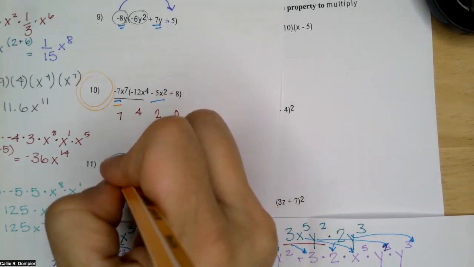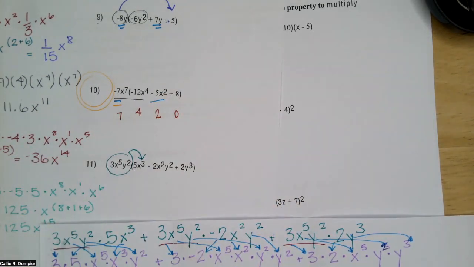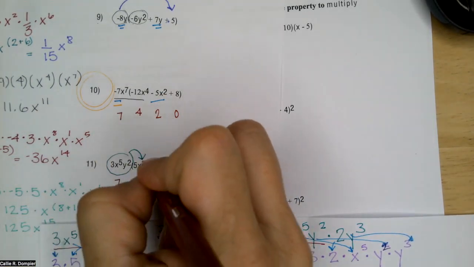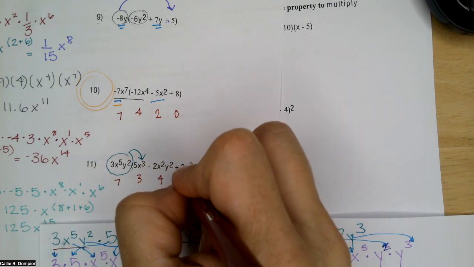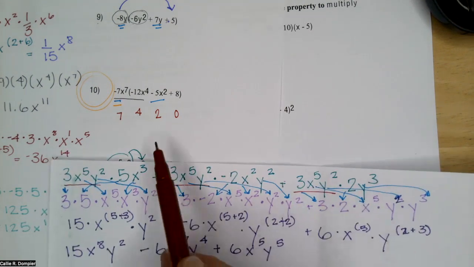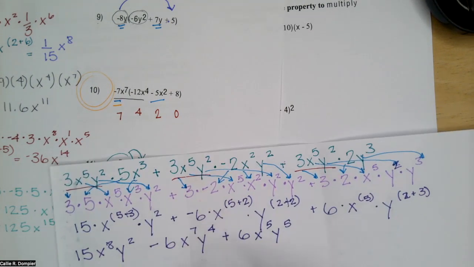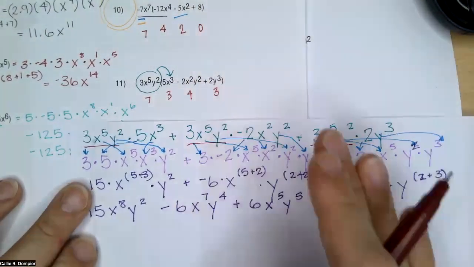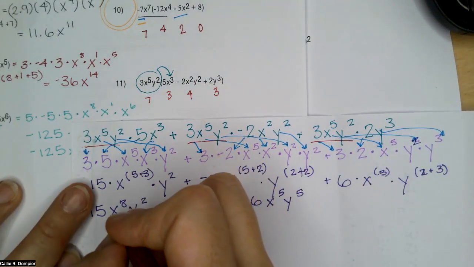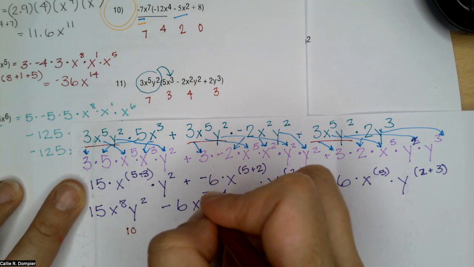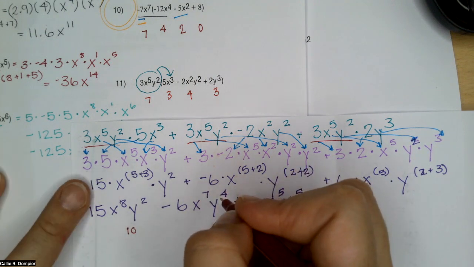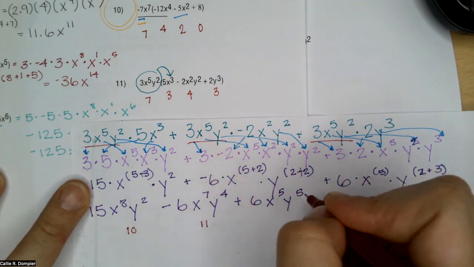Compare. We're just comparing degrees. This was a degree 7. This was a degree 3. That was a degree 4. And that was a degree 3. Let's compare these degrees. 8 and 2 is 10. 7 and 4 is 11. 5 and 5 is 10.